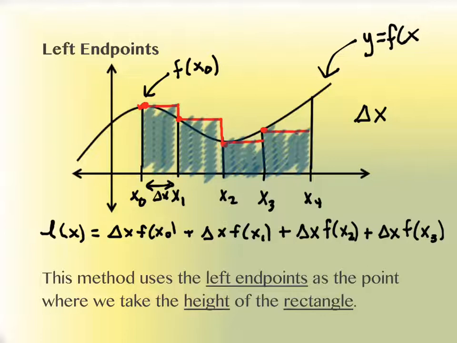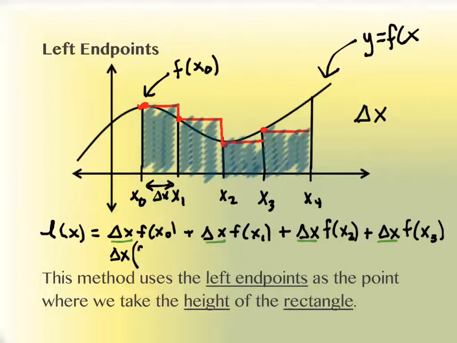Now, the other thing that you should notice is something that looks unnecessary in what we've written down. Do you see something here that looks a little bit redundant? The repetition of delta x. Yeah, that repetition of delta x. It's there on every single term, isn't it? So we learned something in algebra a long time ago called factoring. We're going to factor out that delta x because there's really no need to multiply it every single time.